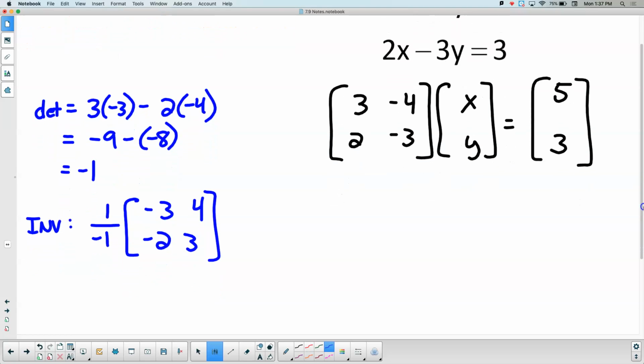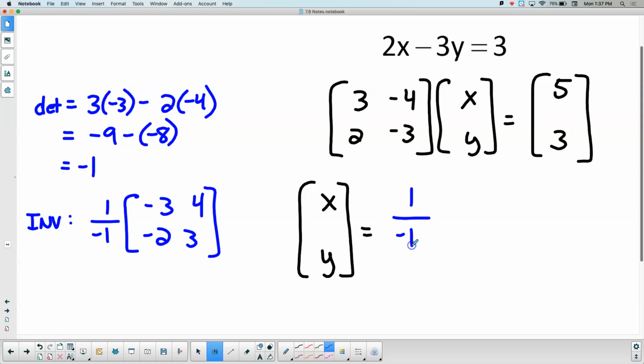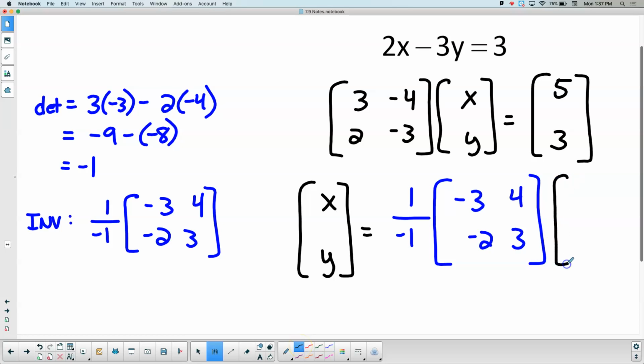So that tells me that my left side is going to become that. My right side is going to become that.